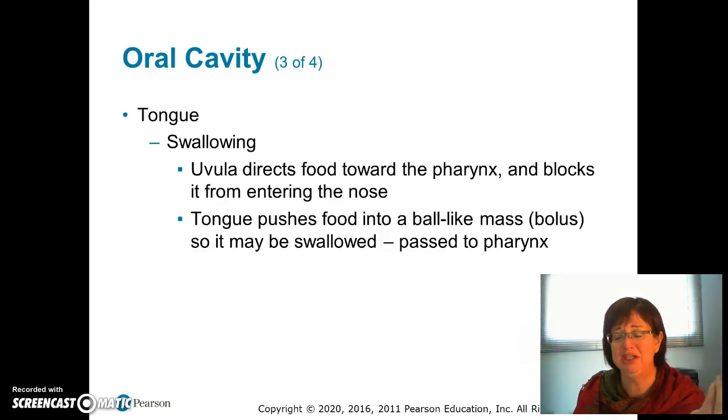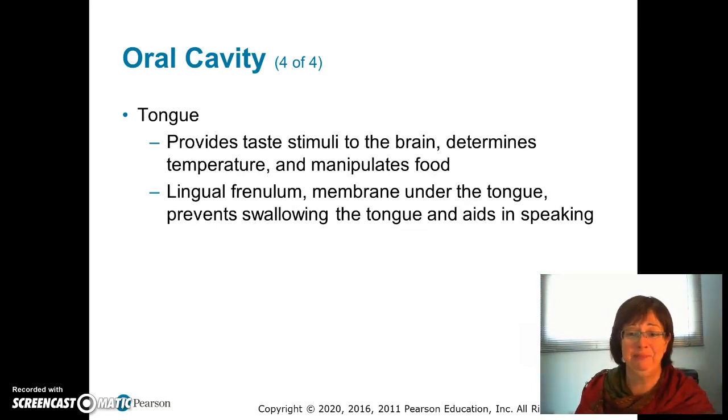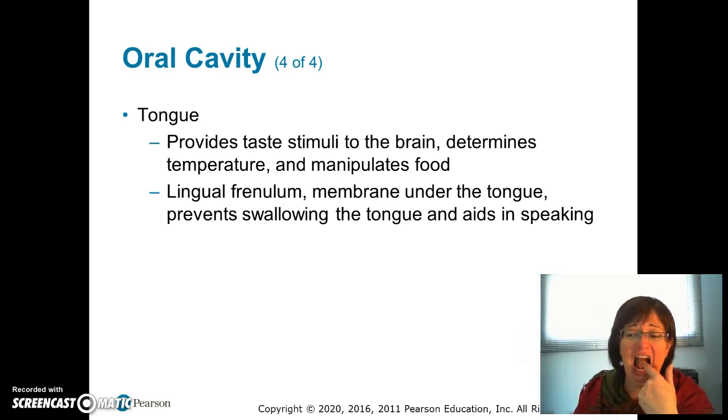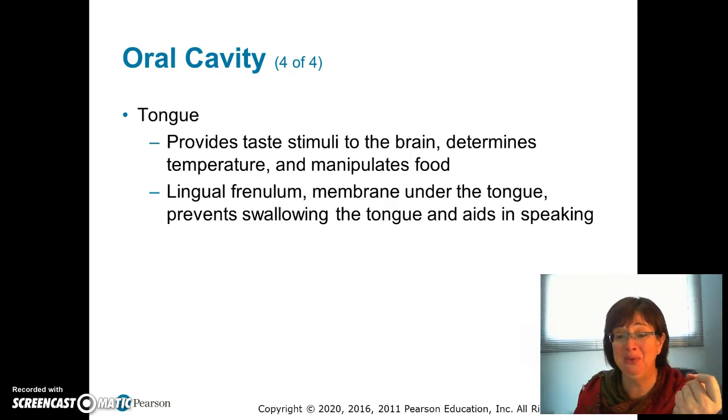The tongue pushes the ball-like mass of food, which at this point is called a bolus, and passes it into the larynx. The tongue also provides taste stimulation. You don't need to know the lingual frenulum.